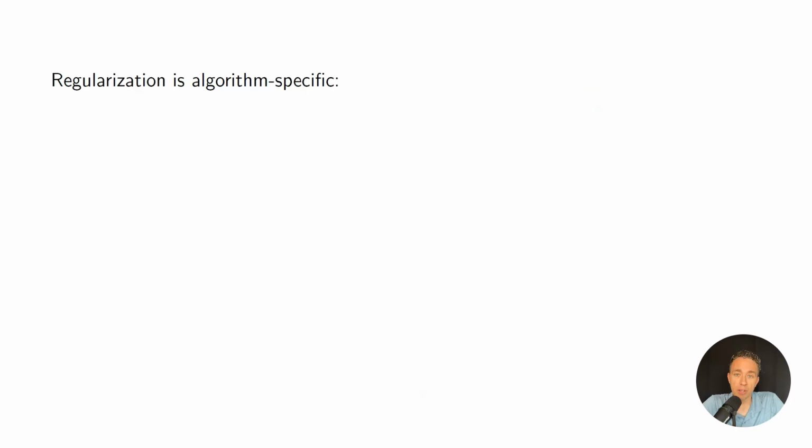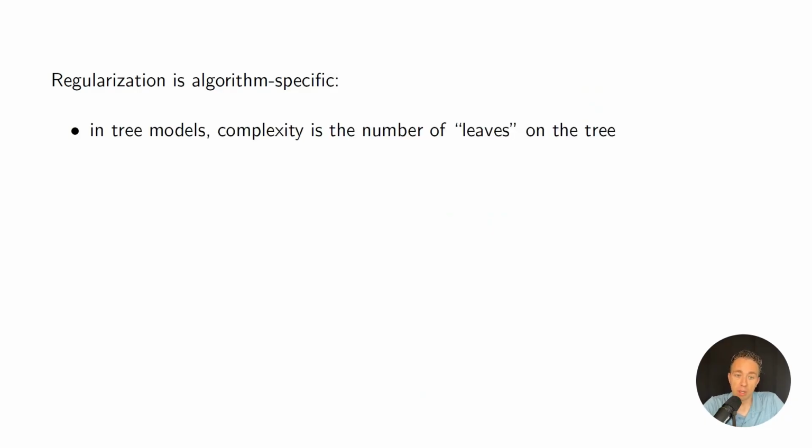So then how do we actually get these hyperparameter values that I just talked about for regularization? Well, it's going to depend on the algorithm. In tree models, we would think of the complexity as the number of leaves on the tree or the number of branches that the tree can have. In linear models, the complexity could just be the number of covariates that are in the model.